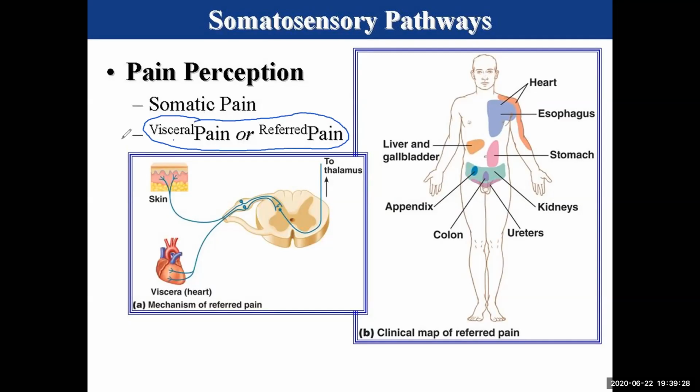And this comes from our visceral organs, right? So that's why it's called visceral, meaning organs in your thoracic cage, organs in your abdominal cavity, or organs in your pelvic cavity, right? So those are the visceral organs.